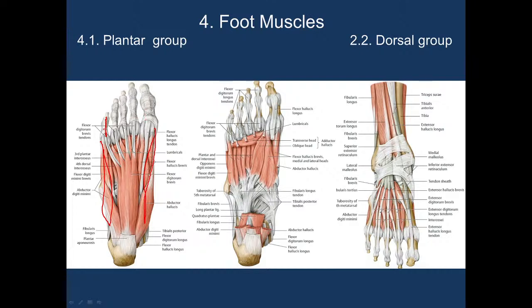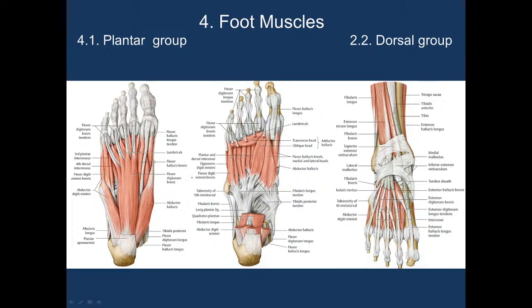Take note that in the anatomical position for the hand, we call the muscles connected to the hallux the lateral group, but in the foot they are located medially.